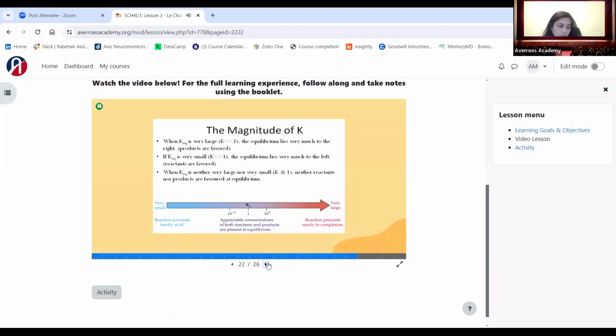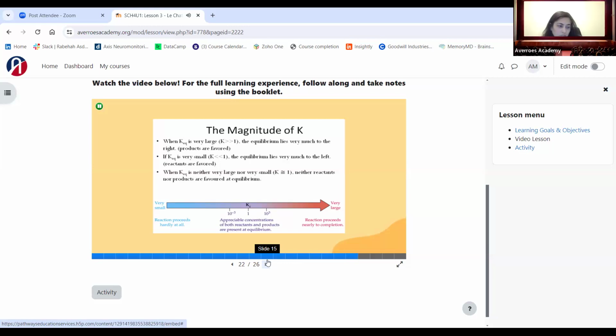So again, to reiterate the magnitude of K, when your equilibrium constant is very large, the equilibrium lies very much to the right, so the products are favored. And when your equilibrium constant is very small, the equilibrium lies very much to the left and the reactants are favored. However, when it's neither very large nor very small, so it's approximately equal to 1, neither the reactants nor the products are favored at equilibrium.